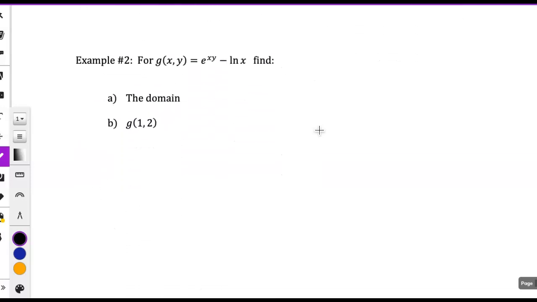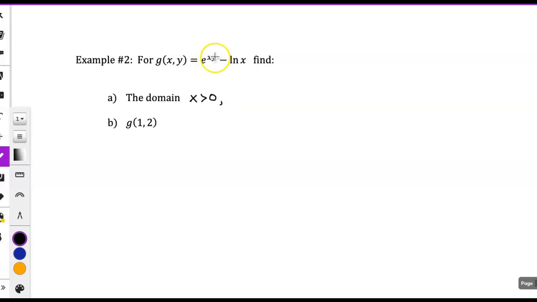And then we did this example as well. What's the domain? Well, x can be whatever you want it to be as far as this part of the function, but you have to remember that when you take the natural log of something, you can't take the log of 0 or anything negative. So x would have to be greater than 0.